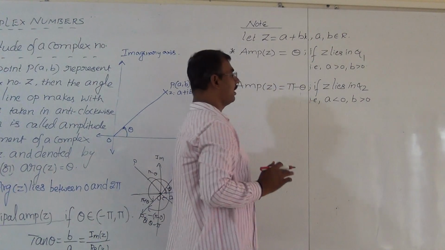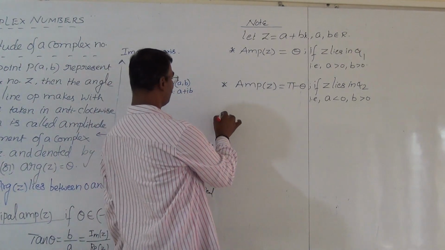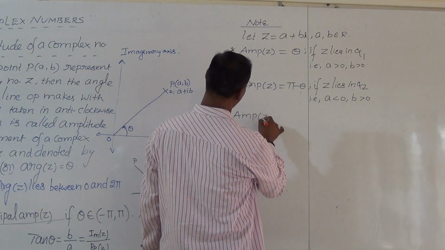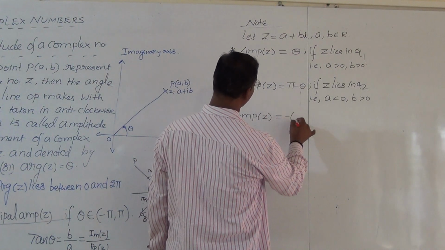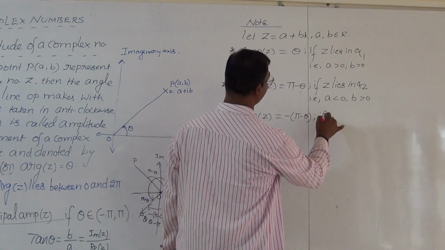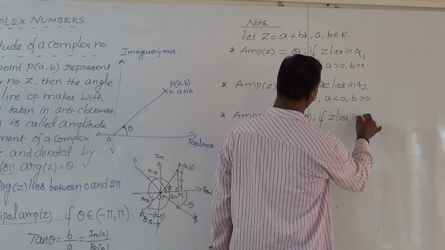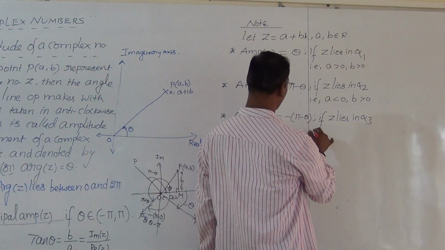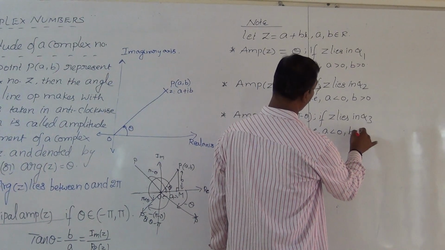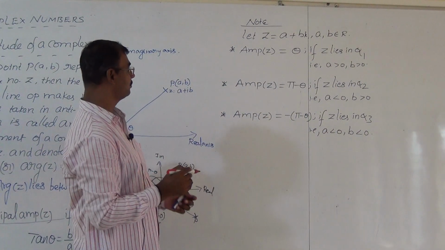Real part negative, imaginary part positive. Third one: amplitude of z is equal to minus of pi minus theta. This is if z lies in the third quadrant, that is, A less than 0, B less than 0. Both are negative.